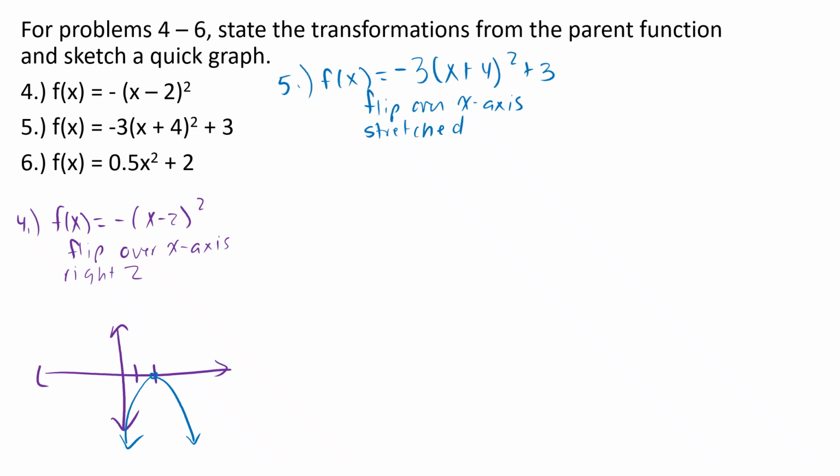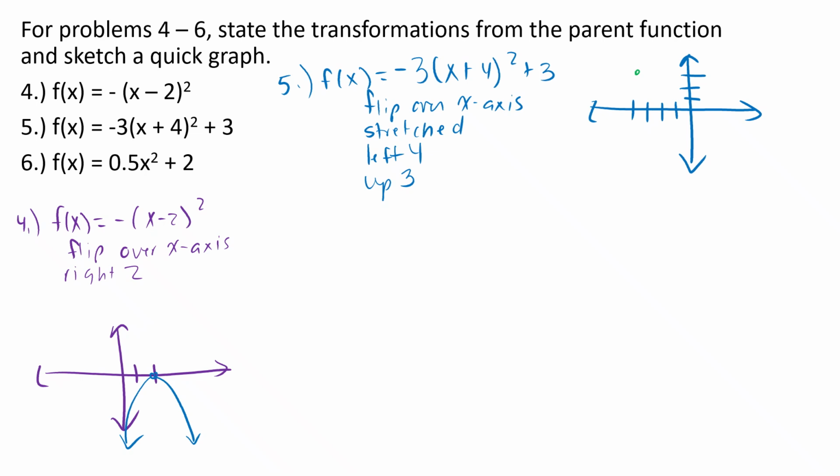The +4 means it is going left 4, and the +3 on the outside means it's going up 3. So for our quick graph, I am going to count left 4 and up 3 so that I can accurately put the vertex there.